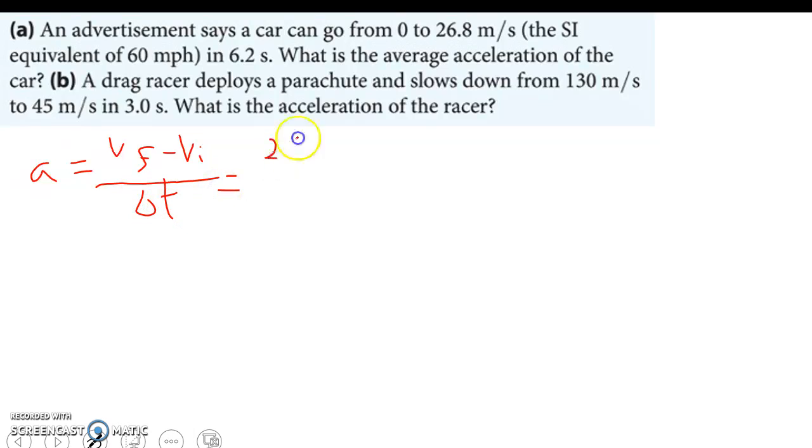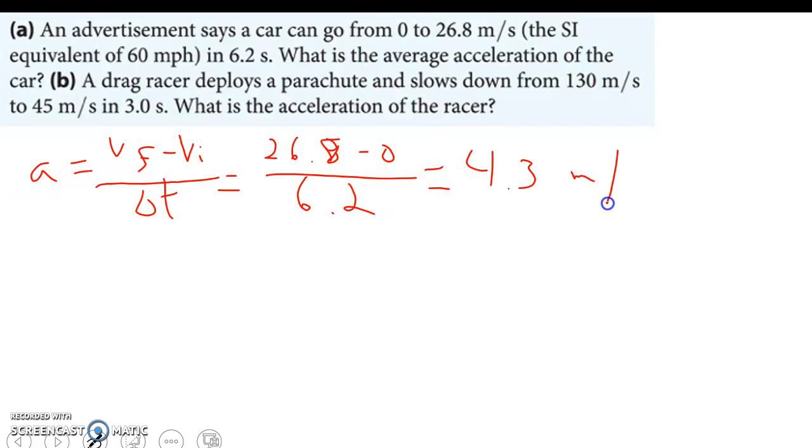My final velocity is 26.8 minus 0, over my change in time, which is 6.2 seconds. 26.8 divided by 6.2 gives me an acceleration of 4.3 meters per second squared: meters per second for my velocity, divided by seconds for my time, meters per second squared.